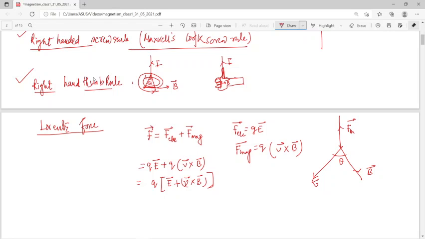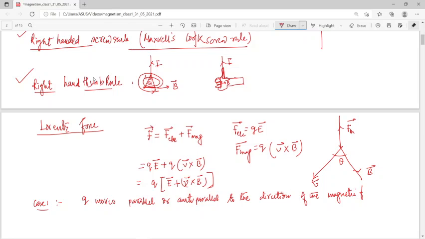And of course, if we consider case 1, when the charge moves either parallel or anti-parallel to the direction of the magnetic field, then the value of theta is equal to 0, or theta is equal to 180 degrees if it is anti-parallel.